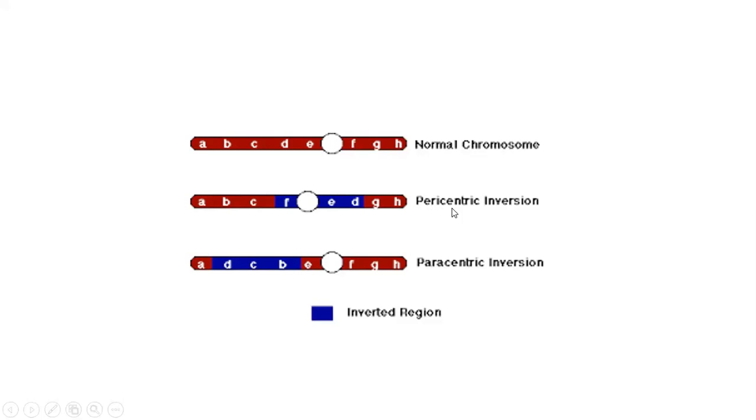In pericentric inversion, you see here the genes are inverted. That is, you get F, centromere, E and D. Whereas in paracentric, the position of the centromere remains same and the sequence goes A, B, C, D, E.